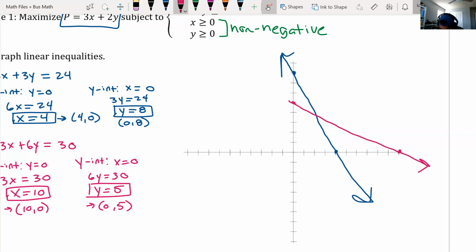And that way, there we go. Okay, and now we draw the non-negative lines. So I'm gonna have x equals 0 going down the y-axis. If I could draw a straight line to save my life.